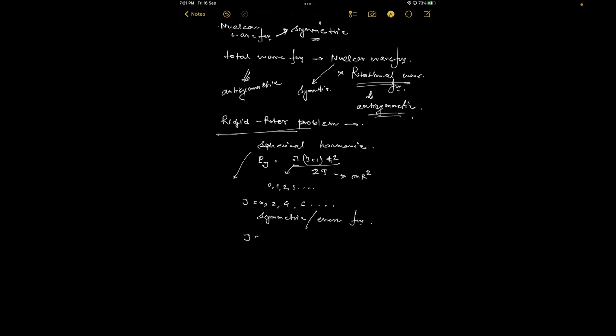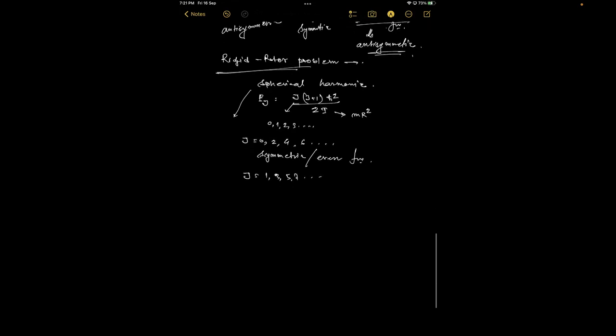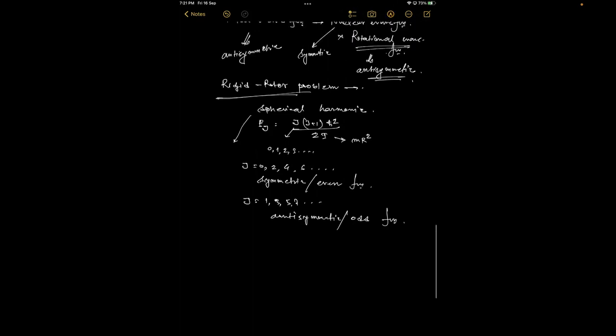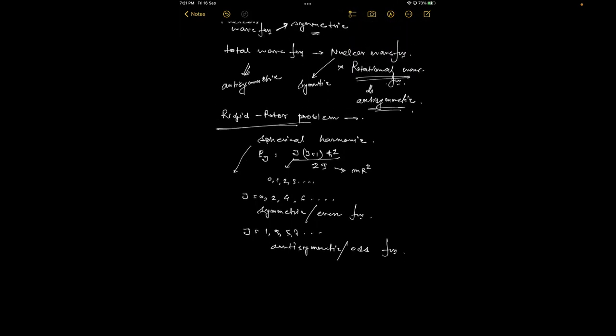And for odd quantum number, that means 1, 3, 5, 7, etc., the spherical harmonics or rotational wave function is an antisymmetric or odd function, right?